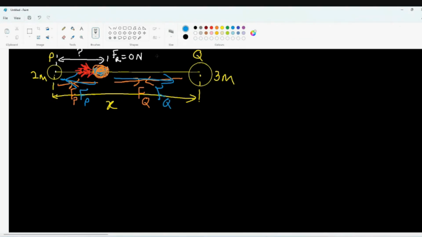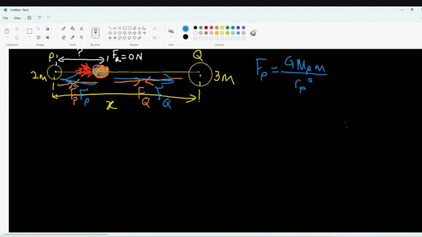So if you look at FP, how do we find FP? FP will equal G times MP and the rocket mass over the distance between the rocket and the planet P. We put it as RP first, over RP squared.